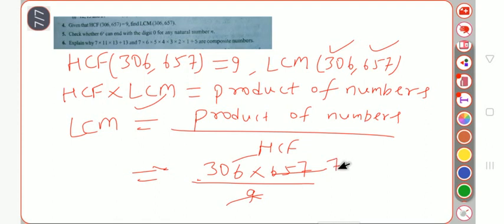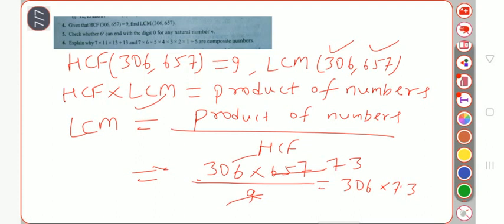7 nines are 63, 2 carry 2, 7 is 27, 9 threes are 27. Now what is the LCM? 306 into 73. Just we have to multiply 306 and 73.